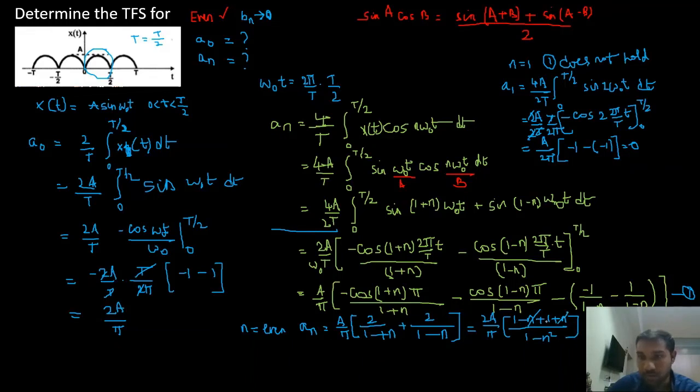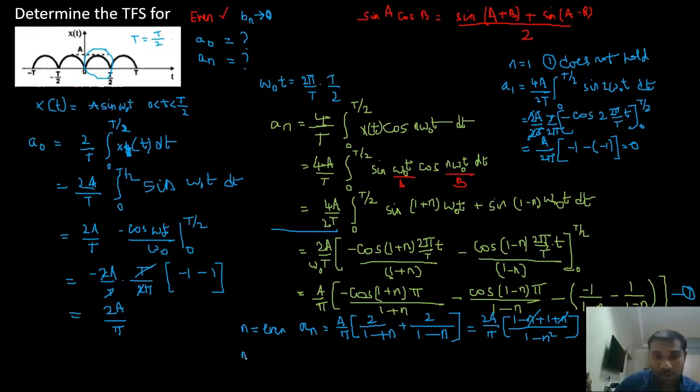So I have 2 here in the numerator, that is 4a by pi into 1 minus n square, right? That is my an when n is even.